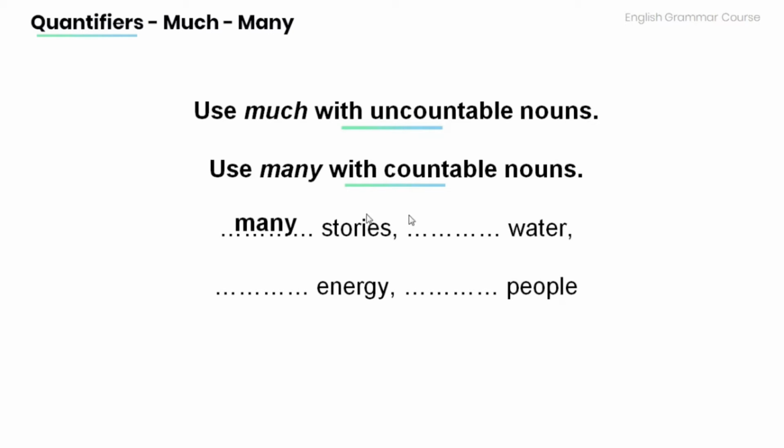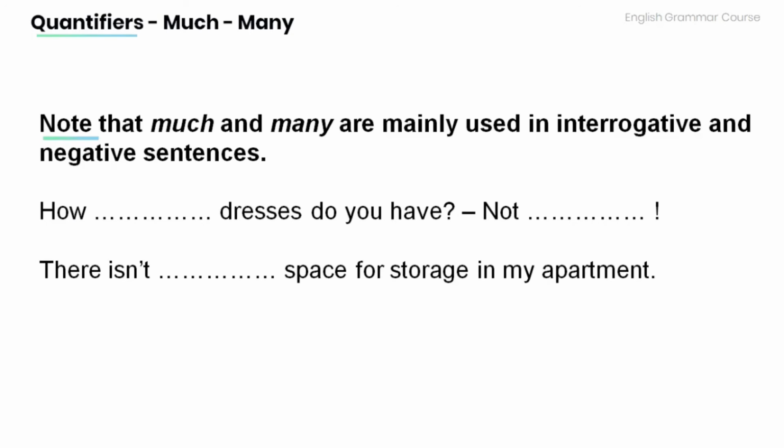Many stories. Water. Much water. Energy. Much energy. People. Many people. Note that much and many are mainly used in interrogative and negative sentences.